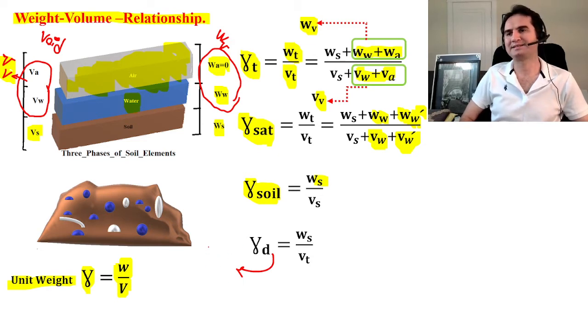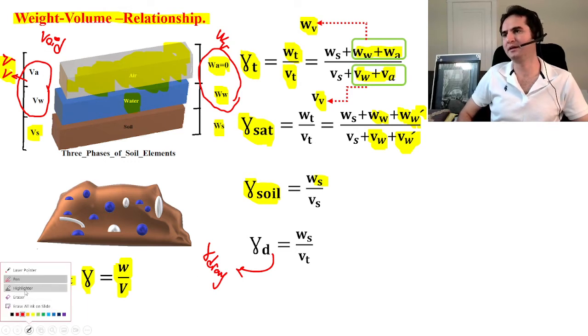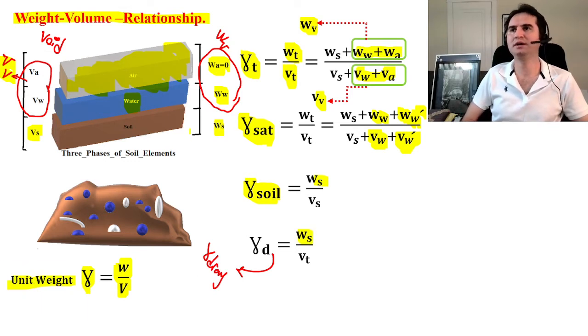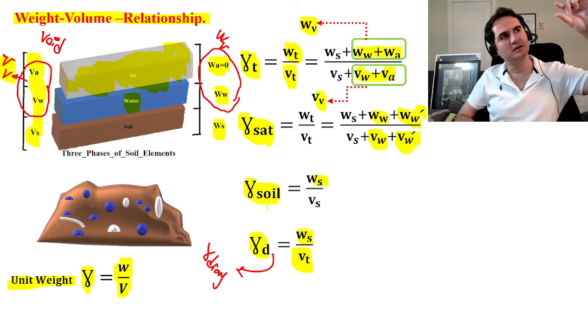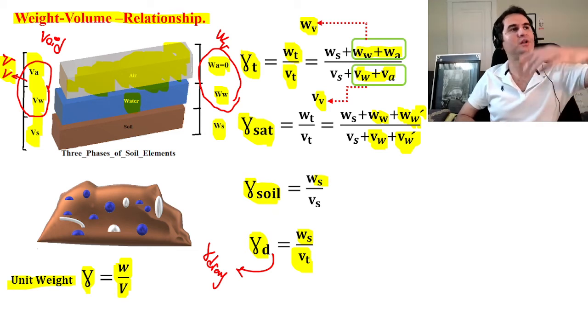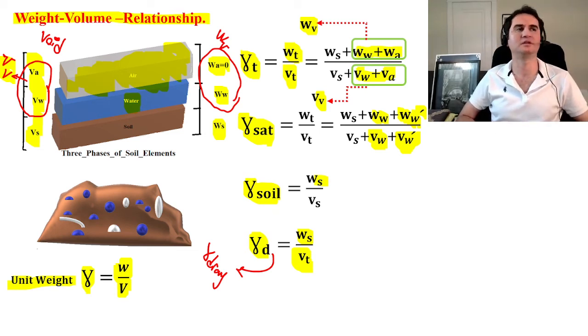So that's gamma dry. Dry unit weight is just the weight of soil, this time over the total volume. So that's gamma dry: the weight of soil divided by the total volume of the three phases diagram structure.